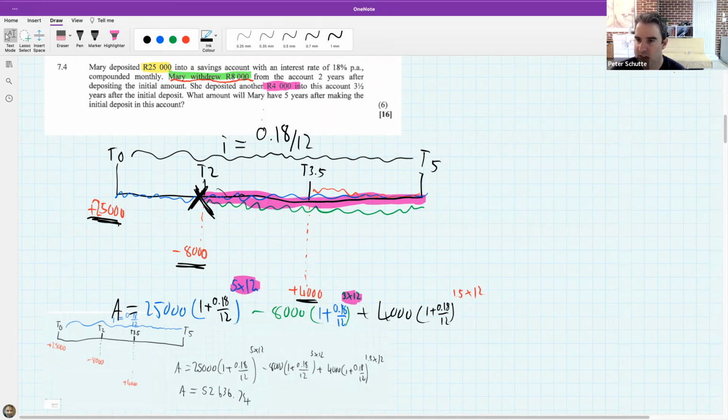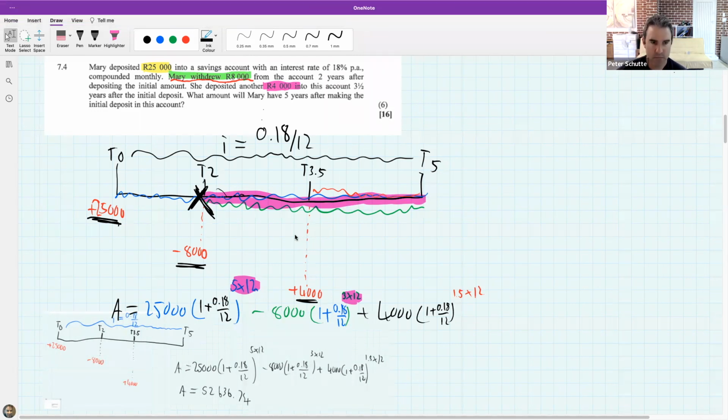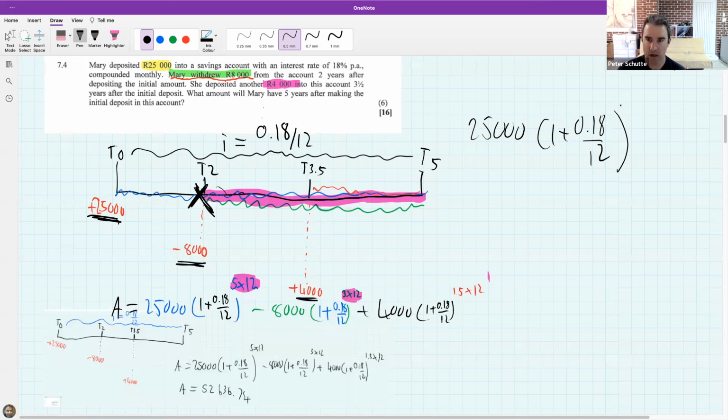So, I see you have another question. Yes. If I write down my method as follows: 25,000 times 1 plus 0.18 over 12 to the power of 2 times 12, minus 8,000, without compounding it.